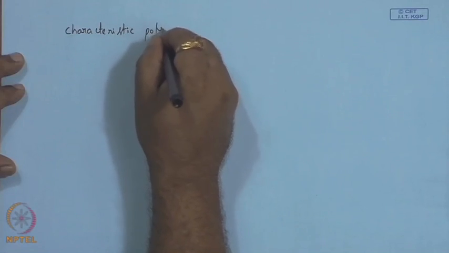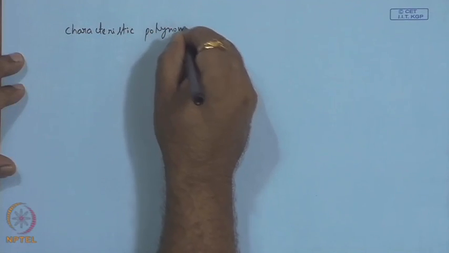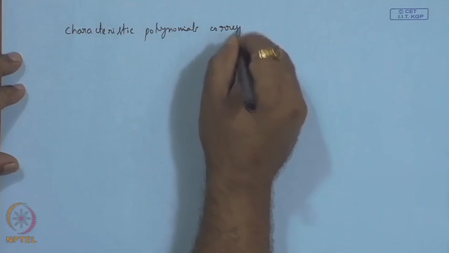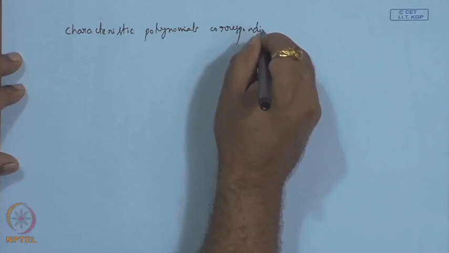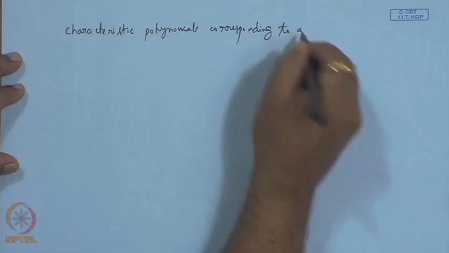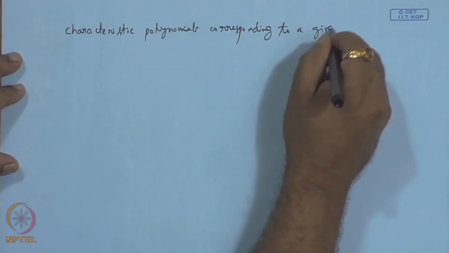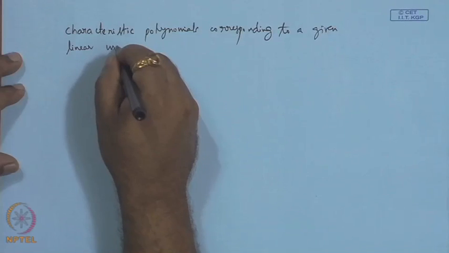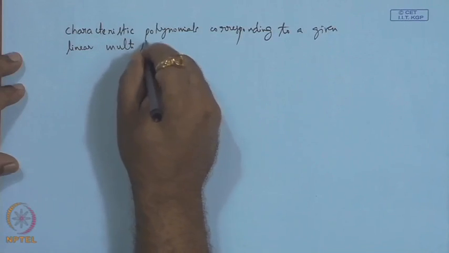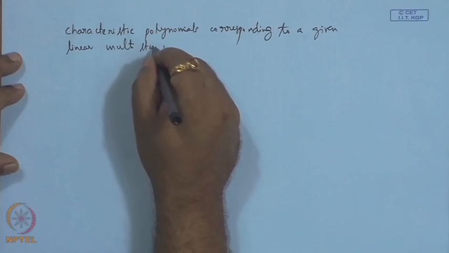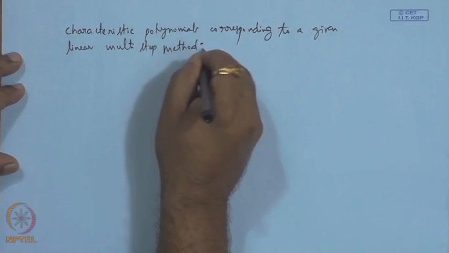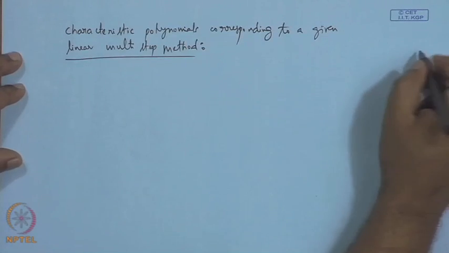So, let us see the characteristic polynomials corresponding to a given linear multistep method.